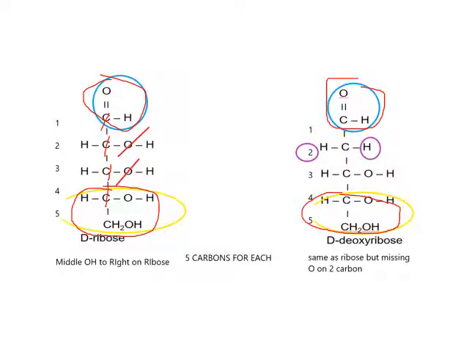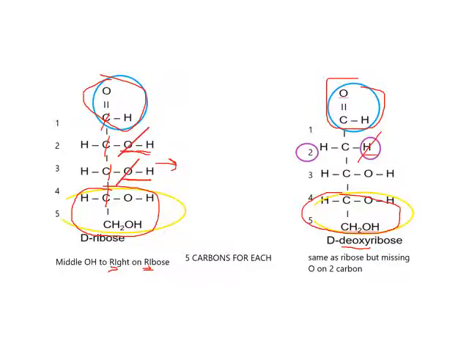Now what you have to do is put in the OHs. So you have to determine how the middle OHs go. Well, for ribose, both of them go to the right. Ribose starts with RI, so both of these go to the right. Now deoxyribose is the same as ribose, but deoxy means missing an oxygen, and it's missing the oxygen at number 2.